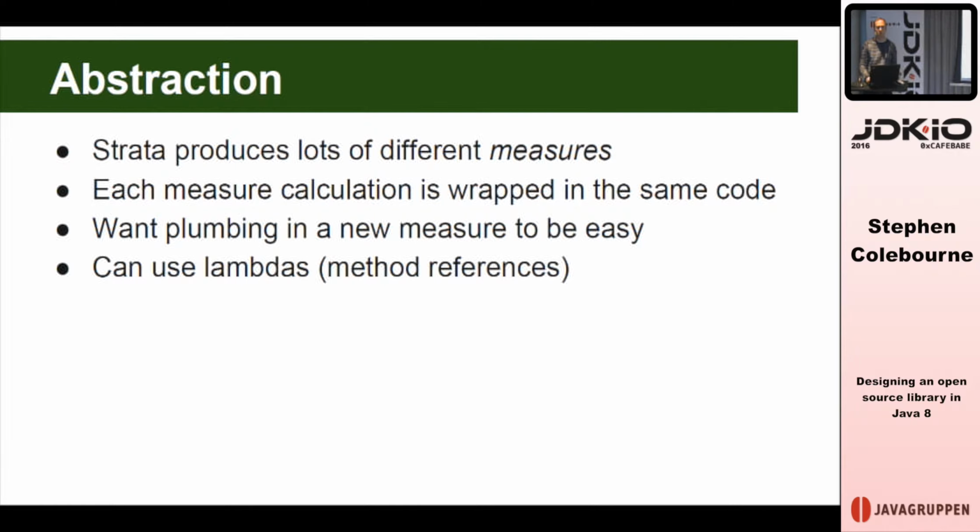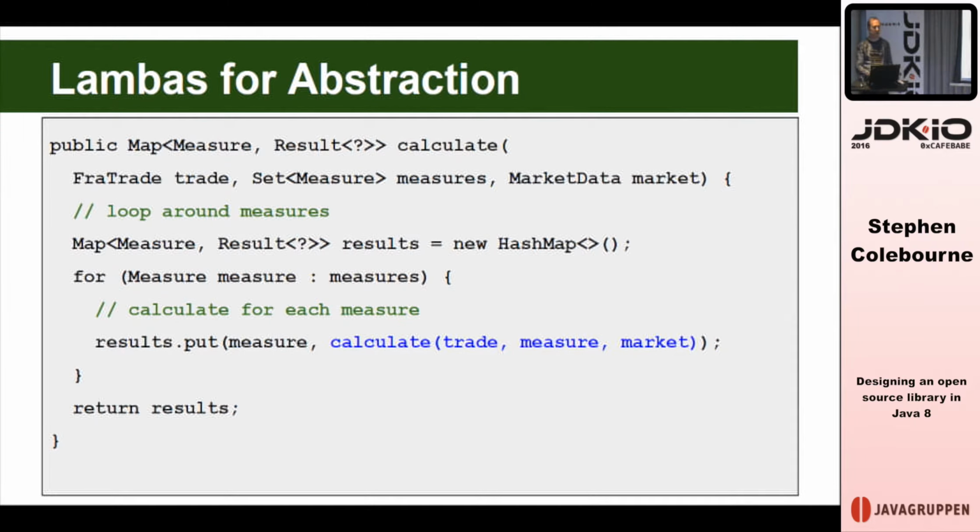So Strata produces lots of measures. So a measure is just a number, typically, the value of something, or how the value might change over time. You don't need to understand what a measure is. It's just a number. But each of those calculations of a measure is wrapped in the same code. And we want plumbing in a measure to be easy. So let's use lambdas as method references to do this.